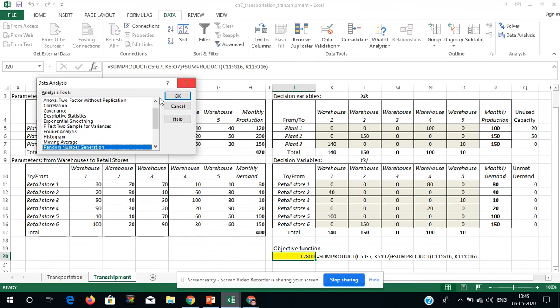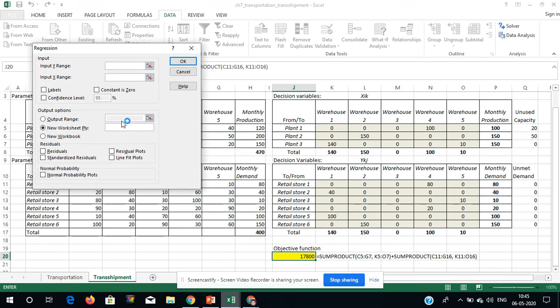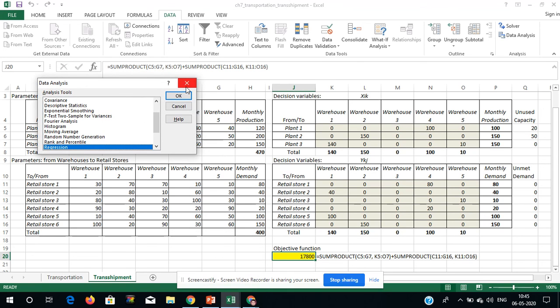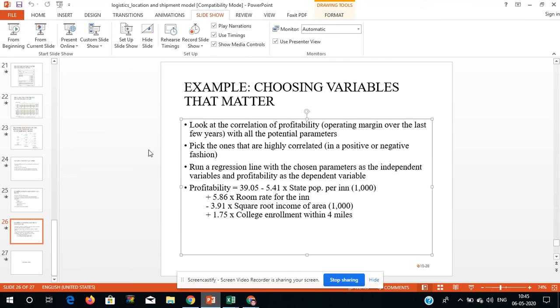I go to Data Analysis, and I can see Regression is one of the choices. When I click on regression, it will ask for the dependent variable, y, and x1, x2, x3. You can choose as many independent variables, and then the confidence level, 95 or 99, and you get the regression results.